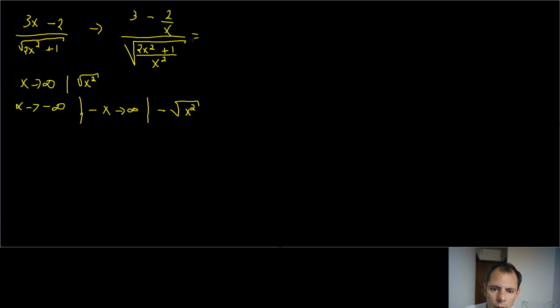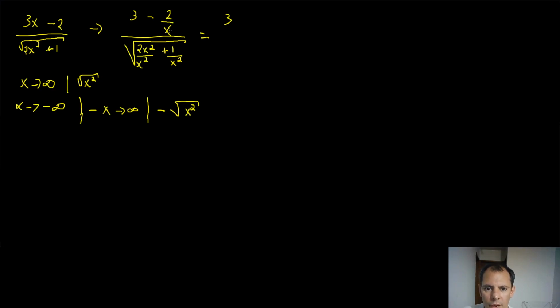Now, if you want to do it like this, divide this by x squared, and you're dividing this by x squared. Okay? All right, now you got 3. This thing here goes to 0 as x approaches infinity. It goes to 0 from the right side. Why? Because this x is going to approach positive infinity.